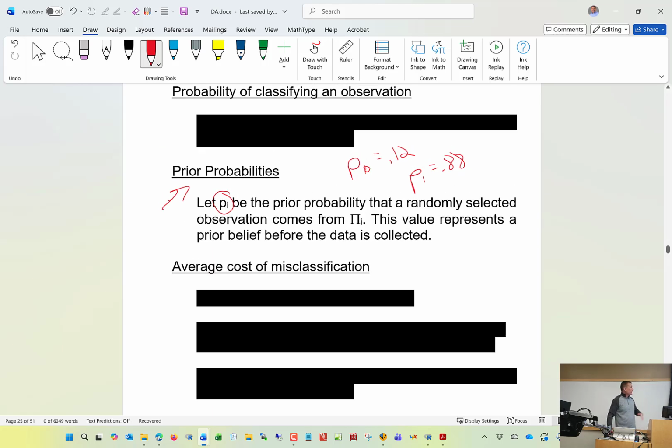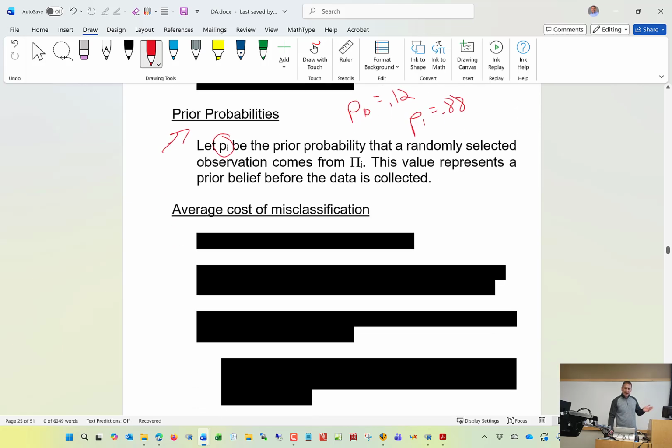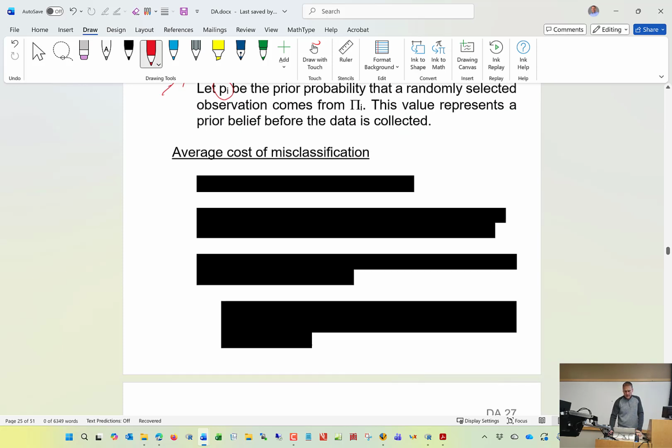Now, there's some other stuff here that's blacked out. You are not responsible for that. It's interesting, but in the end, I think our time is best put elsewhere. If you have taken a mathematical statistics course and heard something called Bayes' rule, this is what this stuff starts talking about.